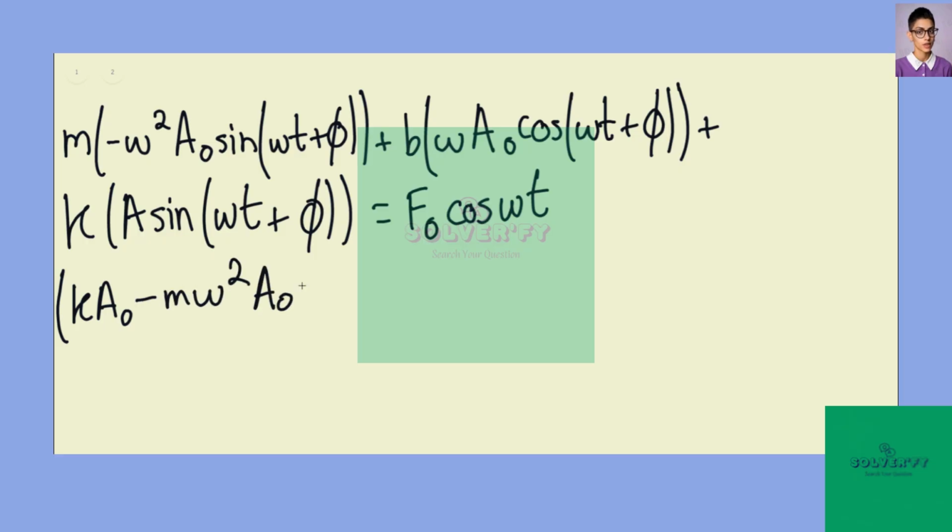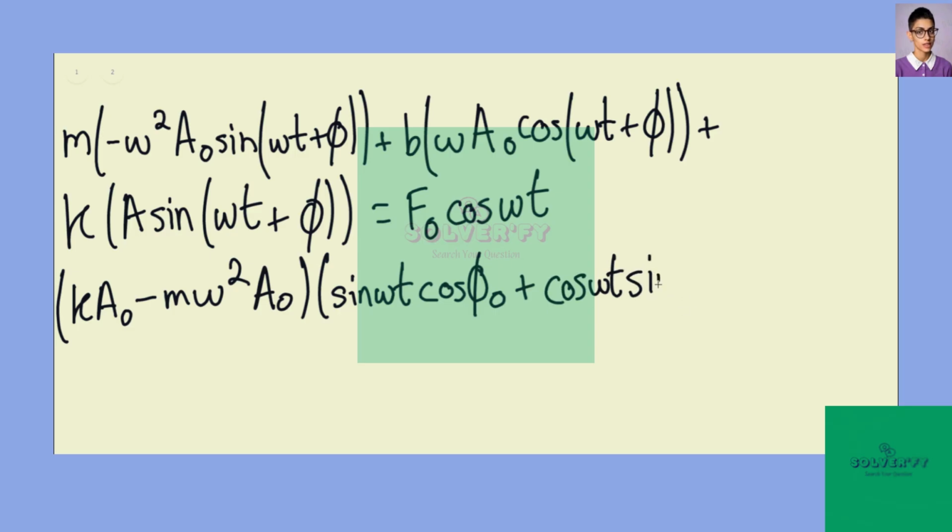So at this point, we can then group and say that k A naught minus m. We're essentially just using algebraic manipulation in order to make the equation a bit simpler. We're also expanding the trigonometric identities, because by expanding them, we can group these functions with respect to time.